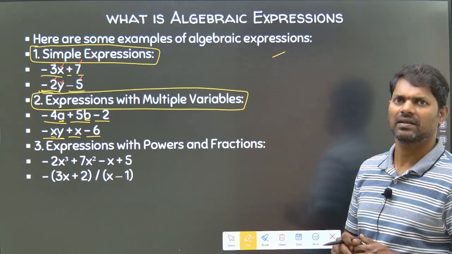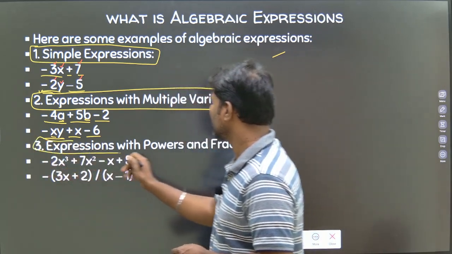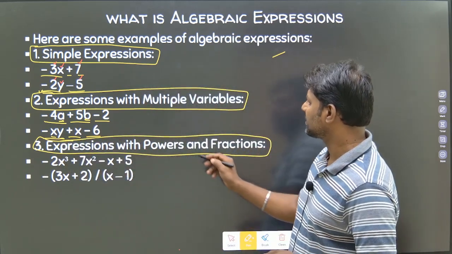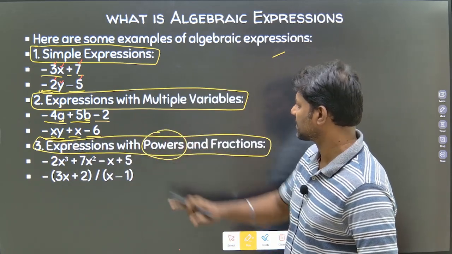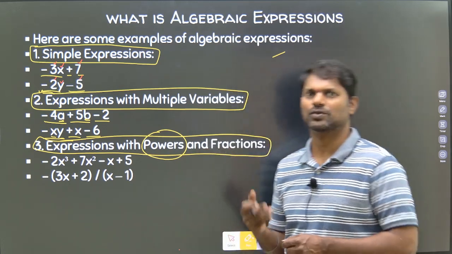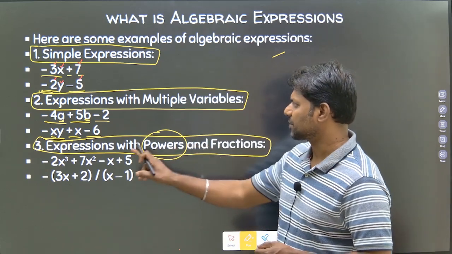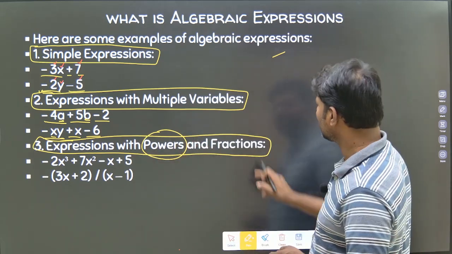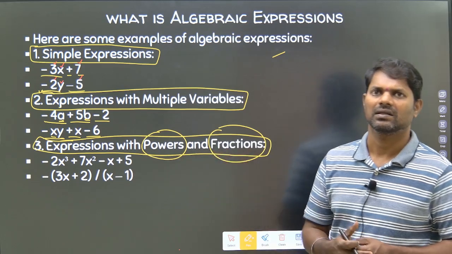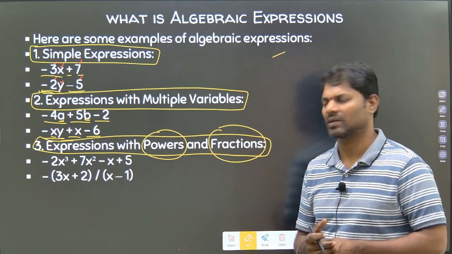Third type of example, expression with powers and fractions. Expression which contains powers: square terms are there, cube terms, x raised to 4, x raised to 5, such terms are present. So they are called expression with power. Fraction: in this type of expression, division of terms is there.